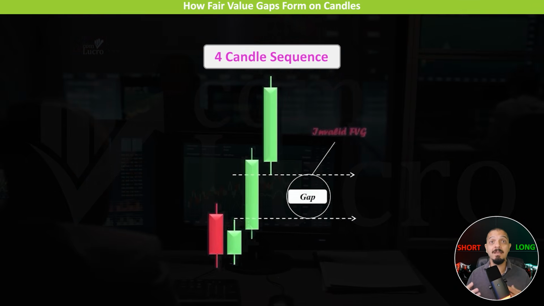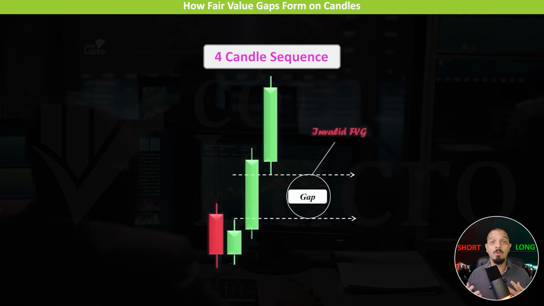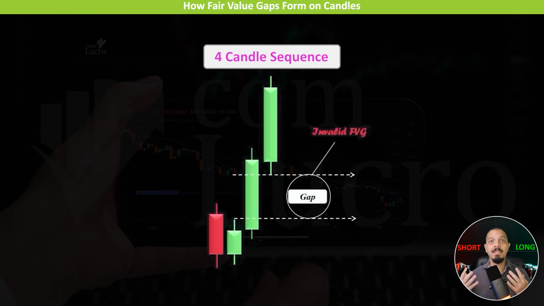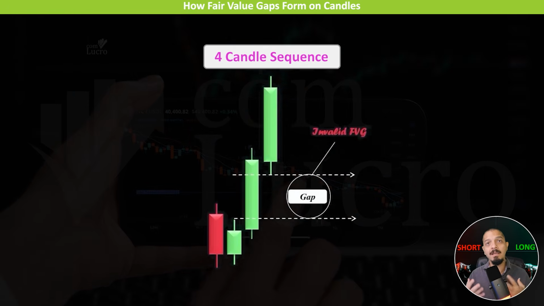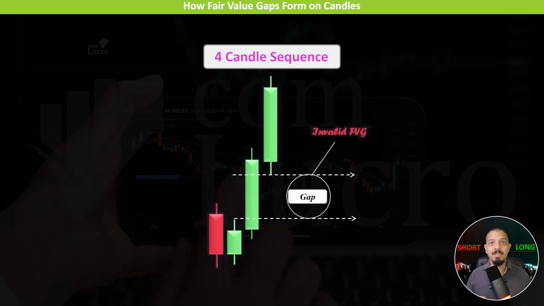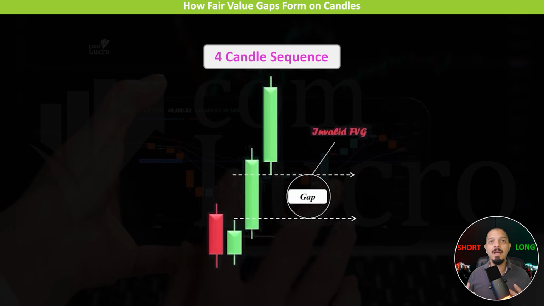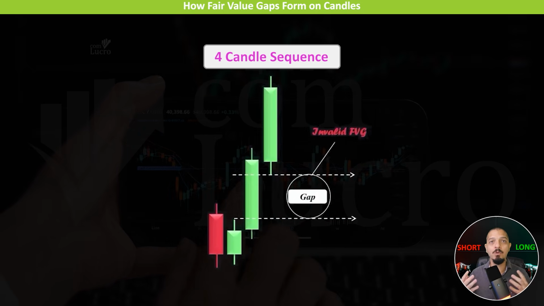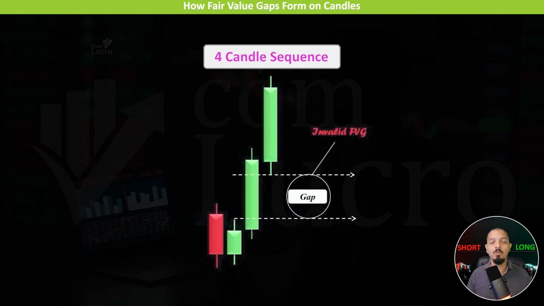For example, in this case, if we focus only on the 3-candle sequence and disregard the red mother candle, the identified gap would be incorrect. These concepts also apply in bearish markets. It's important to remember that these principles work across different timeframes and on any price action-based chart.